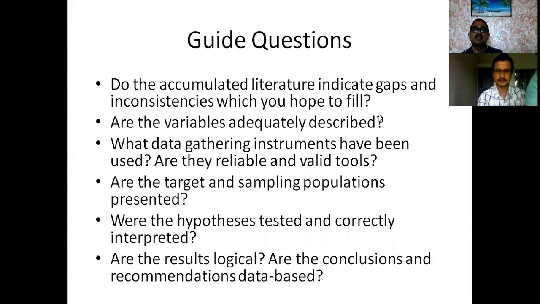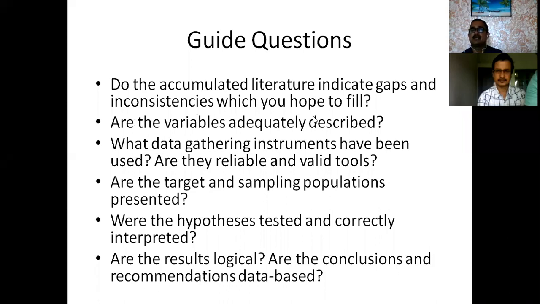So these are the guide questions. Do the accumulated research indicate gaps and inconsistencies which you hope to fill? These are the basic questions which are to be asked before selecting the literatures which are to be reviewed. Do the accumulated literature indicate gaps and inconsistencies which you hope to fill?